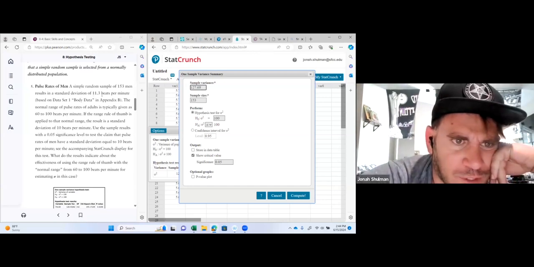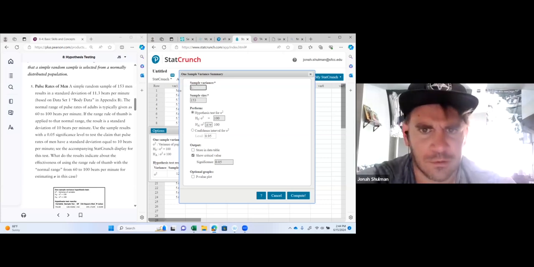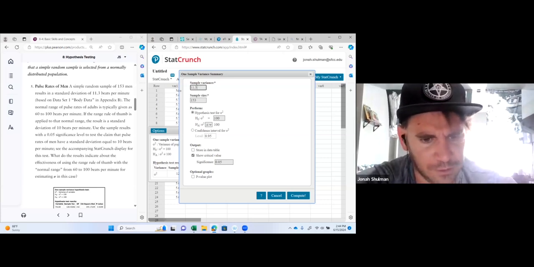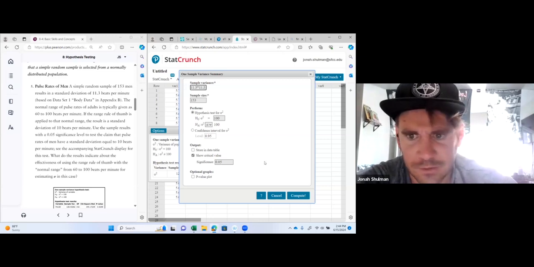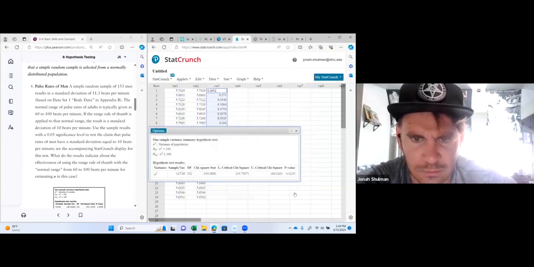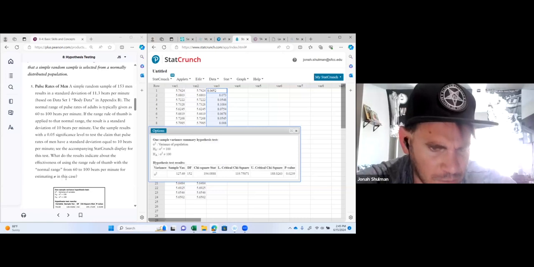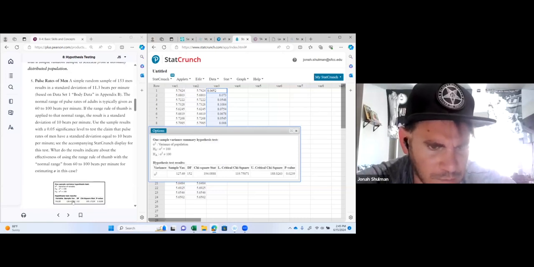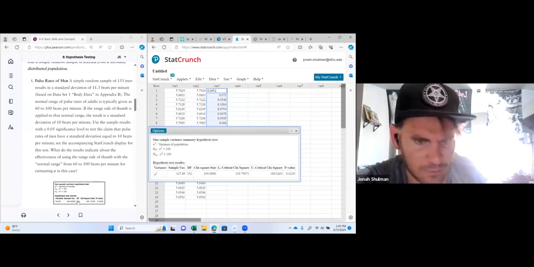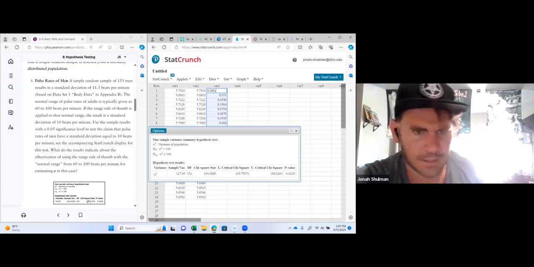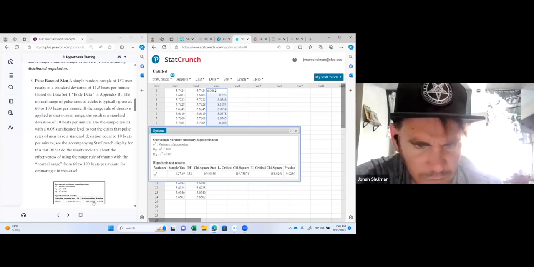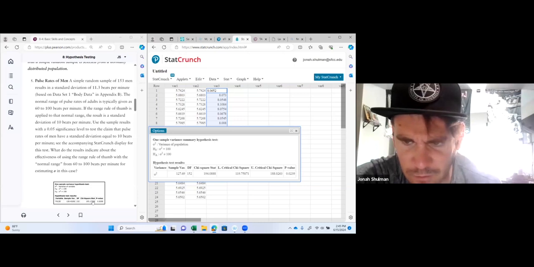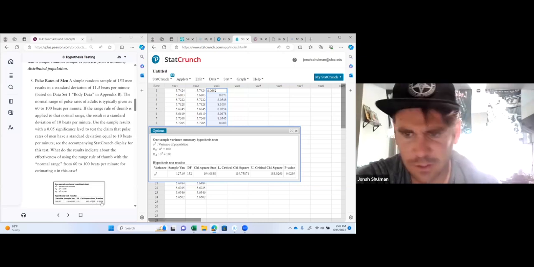So it says 11.3. I do 11.3 times 11.3 and see what it gives me. It's different. The degrees of freedom are the same. The chi-squared test is off, 195 to 194. The p-value is off.